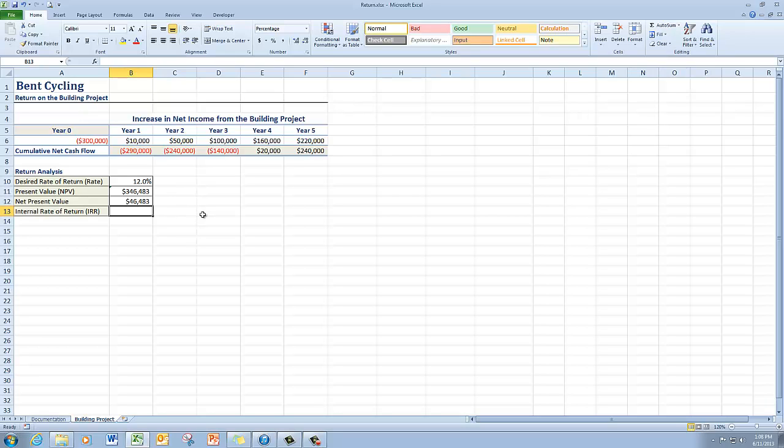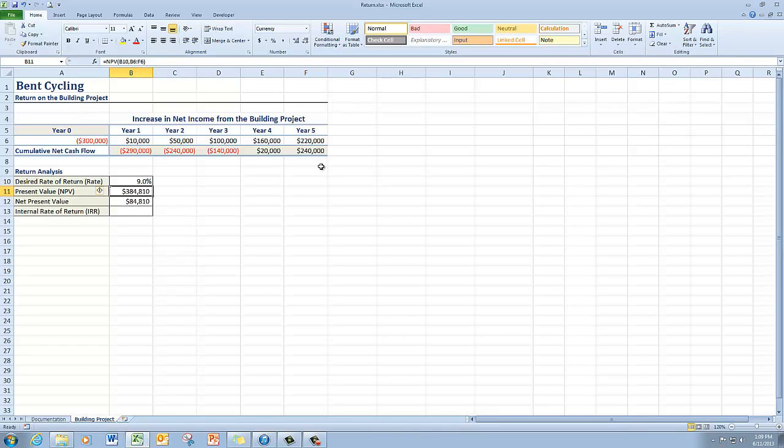And the internal rate of return has to do with the amount of risk involved with the investment. And so an investment of a higher amount, I guess, or a higher risk, would have a larger internal rate of return. And I'm just going to change the desired rate of return here a couple of times.